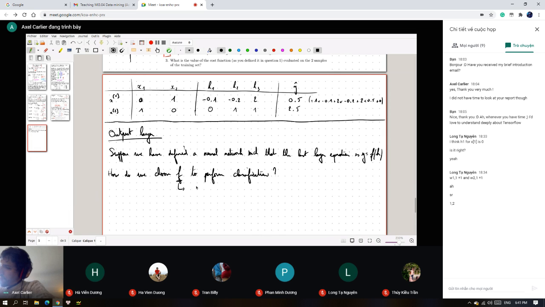So f, I mean the activation function of the output layer.